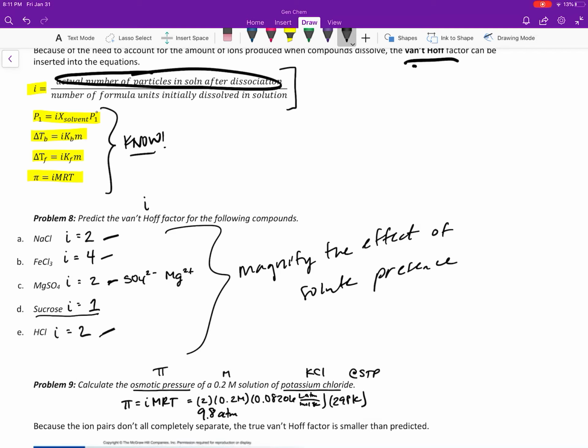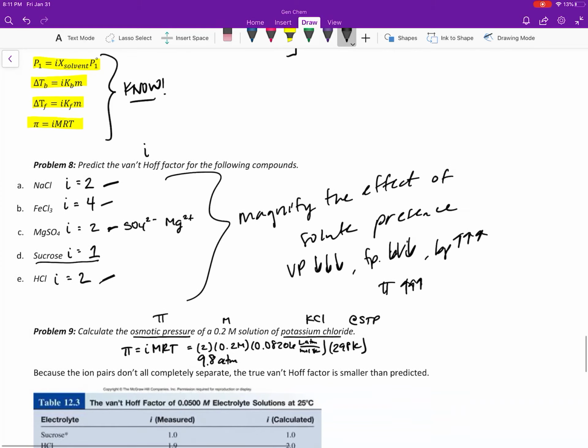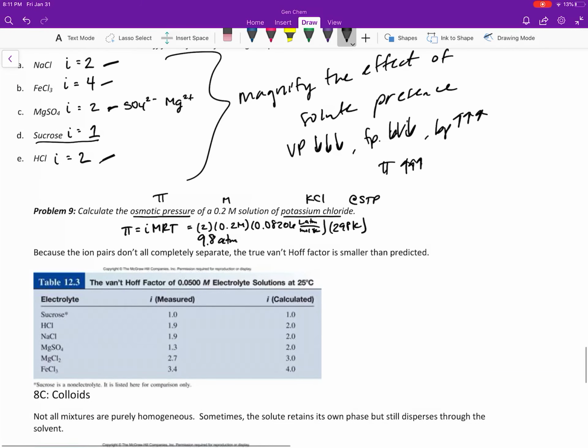Meaning the vapor pressure is super lowered. The freezing point is super lowered. The boiling point is super increased. The osmotic pressure is super increased. Right? So that's the only difference.